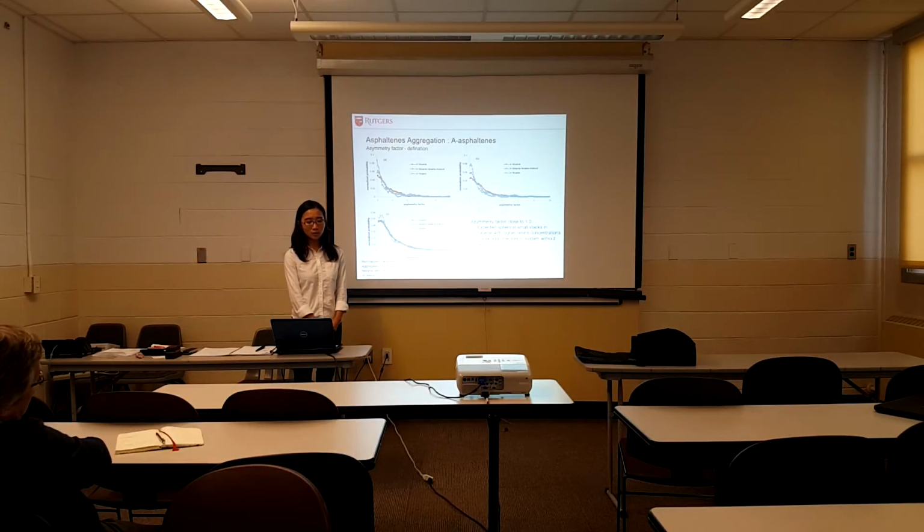If this asymmetry factor is close to 1, it means the aggregate can be considered as a sphere. We found that in all 9 simulations the asymmetry factors are closer to 1. That means regardless of the size of the aggregates, all simulations have spherical aggregates in the system.